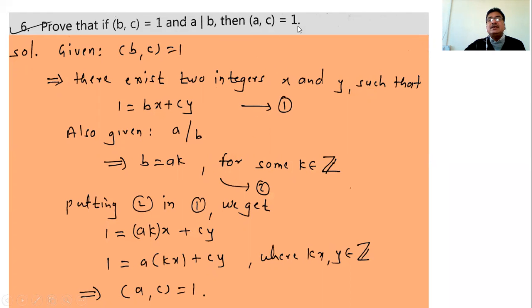Now we have to show the greatest common divisor of a and c is 1. So for that, we must express 1 in the form a times some integer plus c times some integer. Putting this value of b in equation number 1, we have 1 equals akx plus cy, and then write this as a(kx) plus cy. Obviously kx and y are integers, and so 1 is expressed in the form a times some integer plus c times some integer, and therefore the greatest common divisor of a and c is 1. This is the reverse use of the theorem, that the greatest common divisor of a and b is d if and only if d is expressed in the form ax plus by.